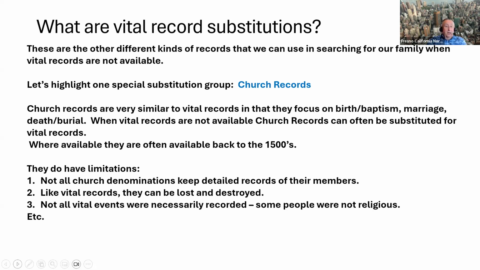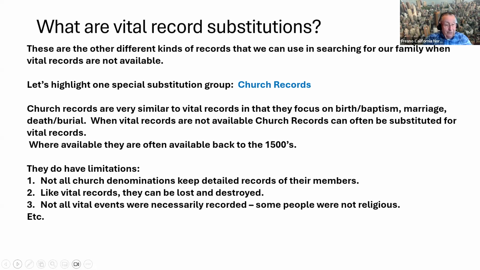The problem is not all denominations kept detailed records. And like vital records, they can be lost or destroyed, especially since they're going back to, say, about the year 1500. And not all vital events were necessarily recorded.